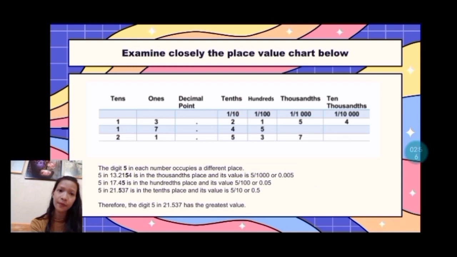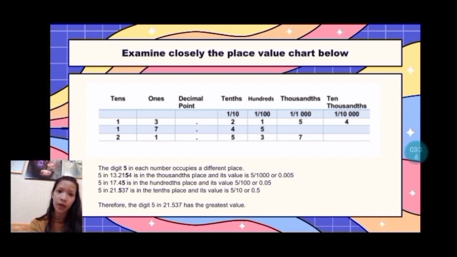Let us examine closely the place value chart below. The digit 5 in each number occupies a different place. 5 in 13.2154 is in the thousandths place and its value is 5 over 1000 or 0.005. 5 in 17.45 is in the hundredths place and its value is 5 over 100 or 0.05. 5 in 21.537 is in the tenths place and its value is 5 over 10 or 0.5.